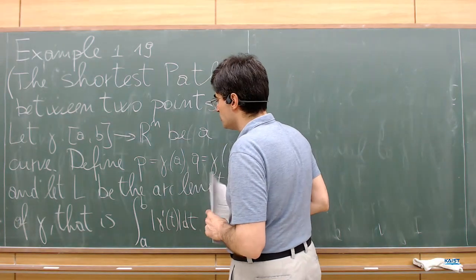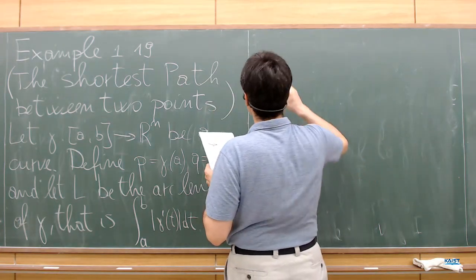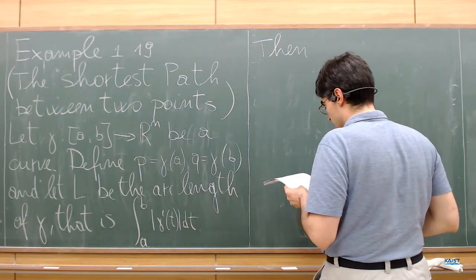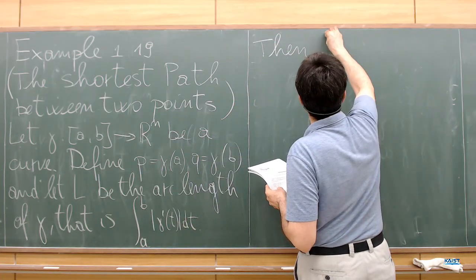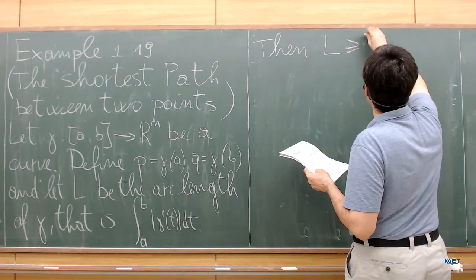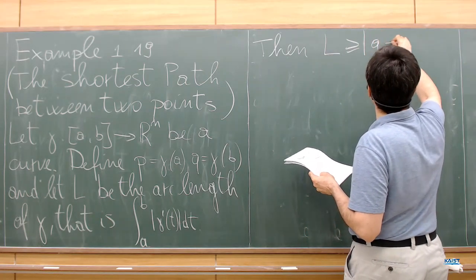What we want to do is to prove that L is greater or equal to the length of the vector Q minus P.